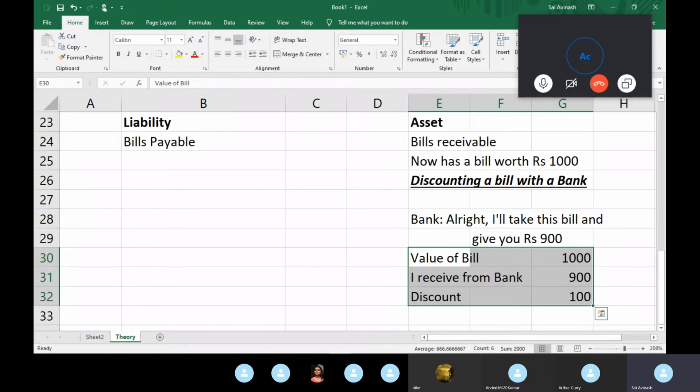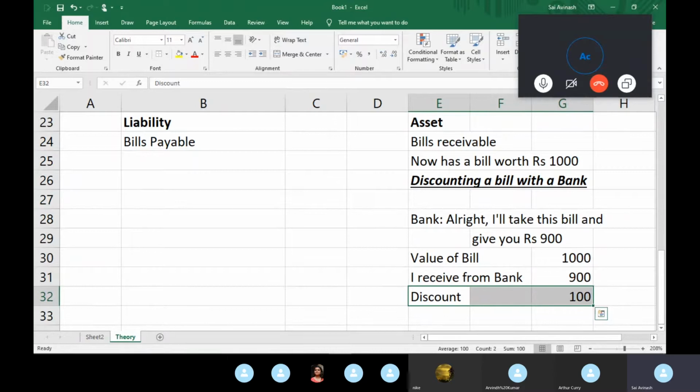Sometimes you need cash today, but you're not able to get it, but you have something with the value of say 1,000 rupees. You're telling the bank, okay, I have the right to receive this 15 days from now, but I need the money today, so I will give this to you. And as a consideration, because the bank is giving us money 15 days in advance, I'm giving the bank something like a commission. So the bank will basically benefit from this 100 rupees.